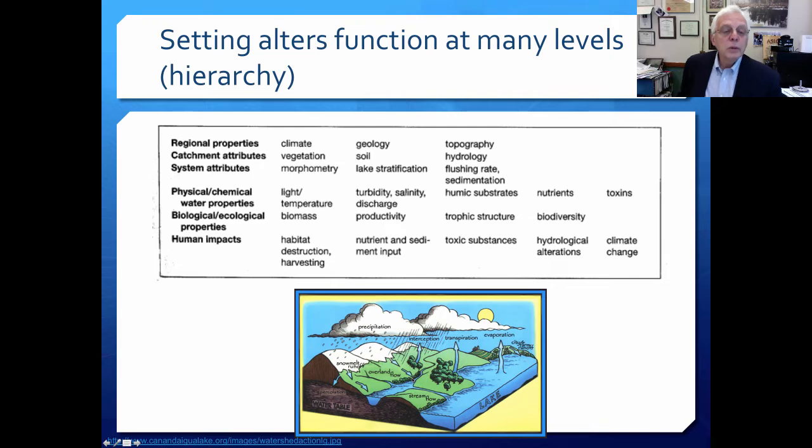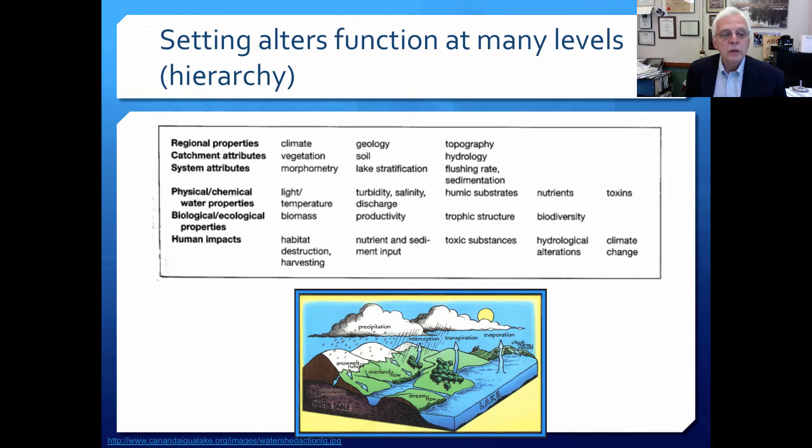And so the catchment attributes are the next scale down. The catchment can be composed of different sorts of vegetation and soils, or sometimes rock types, and also the kinds of hydrologic effects, how much water falls on it, and with what frequency, duration, and intensity. Next, moving down in scale, system attributes, thinking more on a local scale, that the morphometry of an ecosystem, that is its shape, whether it stratifies or not, its flushing rate and sedimentation rates, all have an effect on a smaller scale on the individual system.